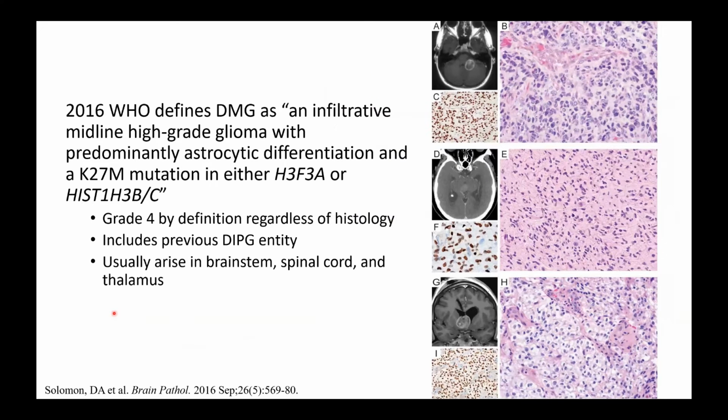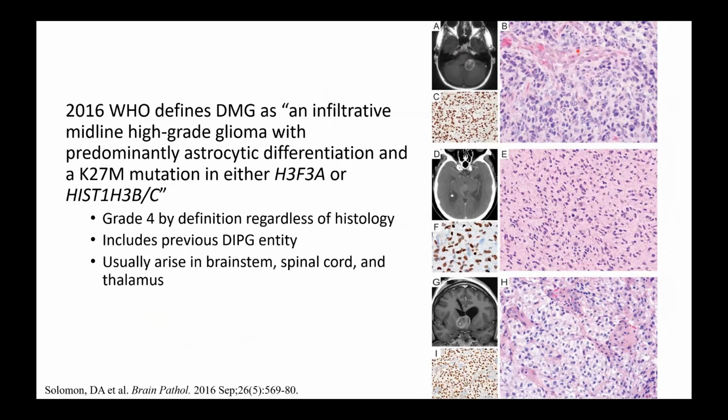By contrast, the diffuse midline gliomas, just as the name suggests, are gliomas that are diffusely infiltrative through midline structures. They can occur in the cerebellum, brainstem, deep nuclei, and can really have a variety of histologic appearances. They're usually high-grade astrocytomas.